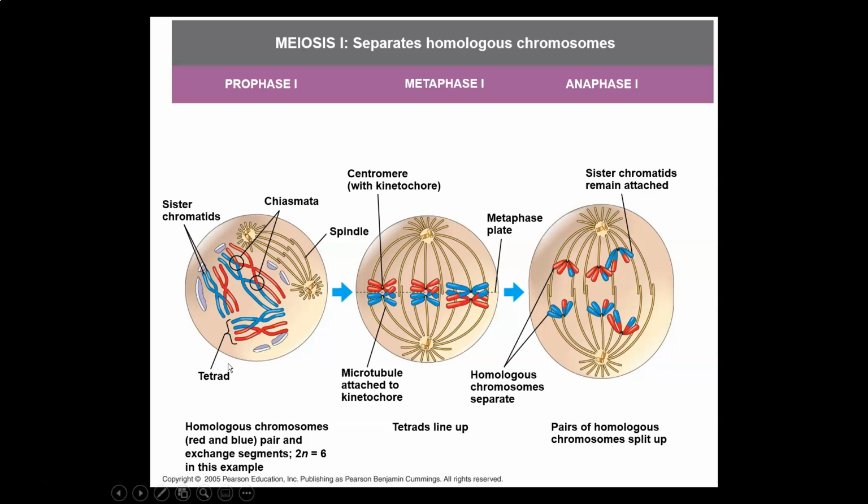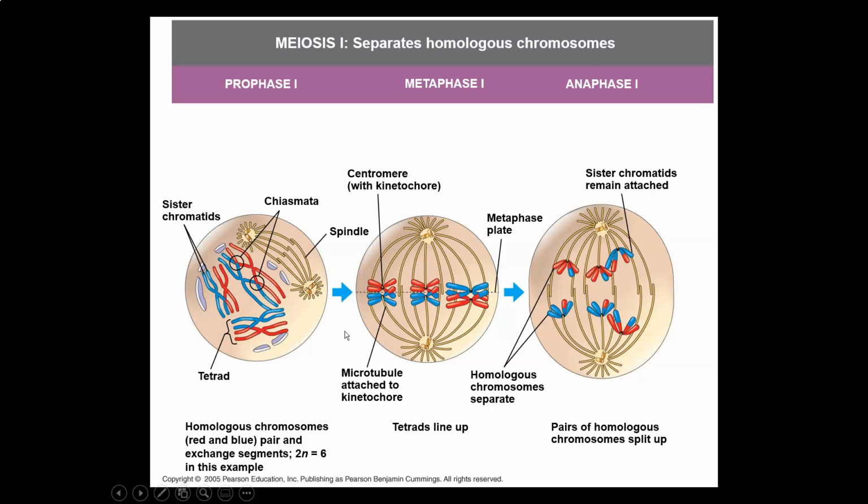Sometimes they call them tetrads because if you count sister chromatids, there's 2 plus 2, 2 in each duplicated chromosome, so there's 4 of them, hence tetrads. So that's prophase 1. And then one other thing's going to happen that's not shown in this picture. I'll show you in a moment. It's called crossing over, where there's some swapping of genetic material between the homologous chromosomes in a tetrad. So we'll review that in a moment.